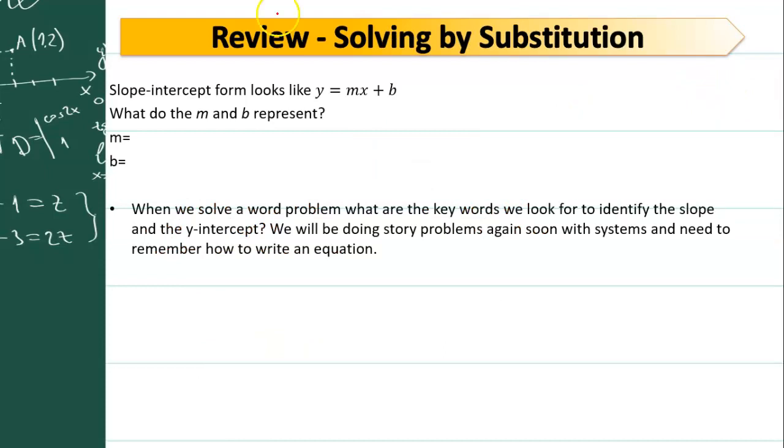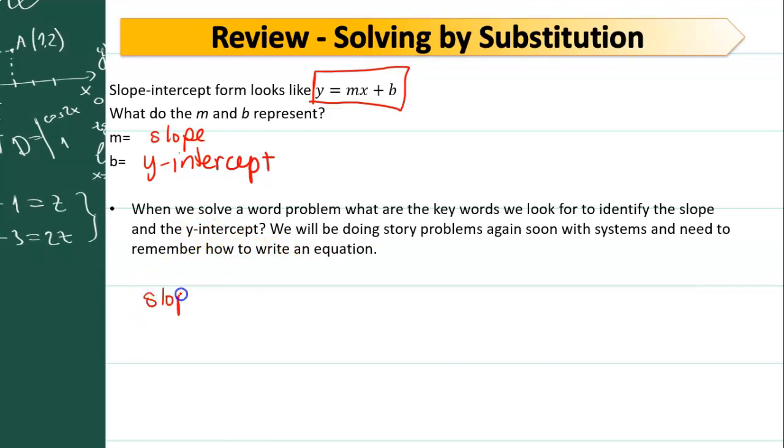All right, slope-intercept form looks like this: y equals mx plus b. m represents the slope, b represents the y-intercept. When we solve a word problem, what are the key words we look for to identify the slope and the y-intercept?